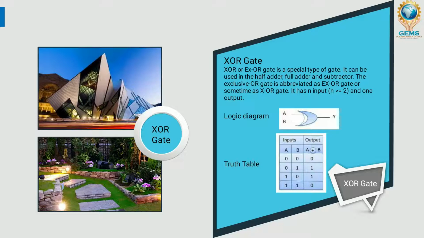So this is one more gate, the XOR gate. The XOR gate is a special type of gate. It can be used in the half adder, full adder and subtractor. The exclusive OR gate is abbreviated as XOR gate. It has two or more inputs and one output.